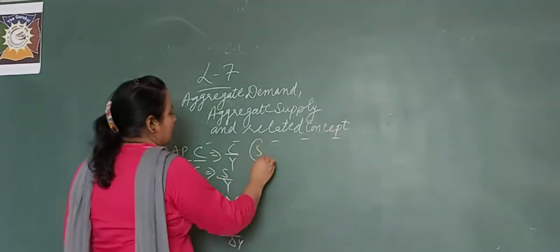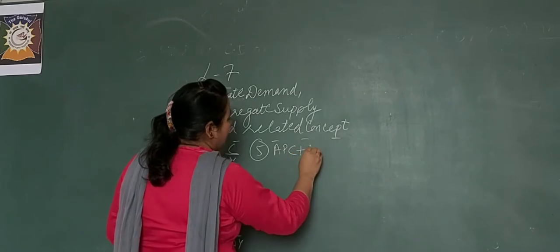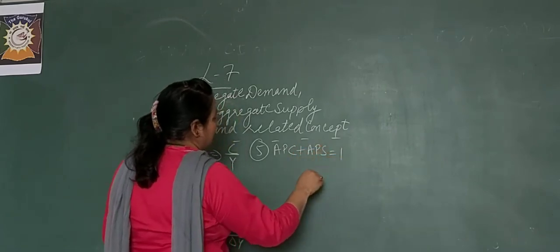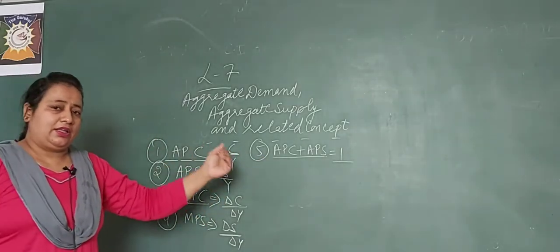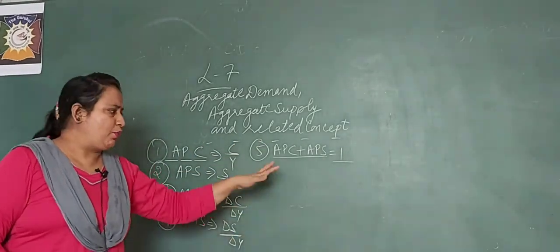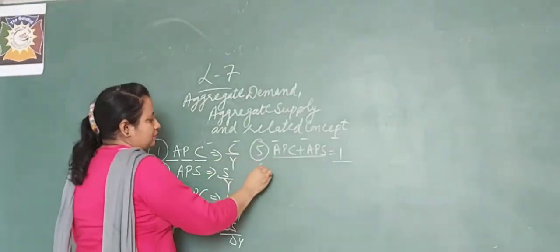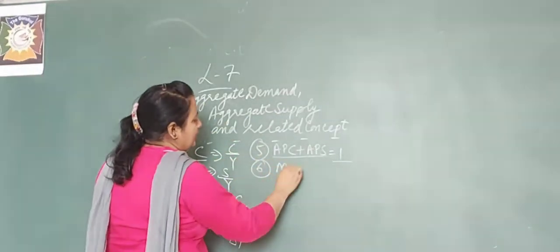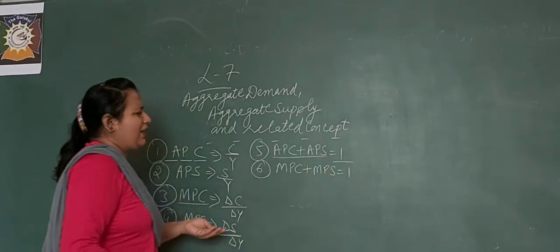Next formula: APC plus APS is equal to 1. You know this thing, we already proved it. MPC plus MPS is equal to 1. I can prove it also.